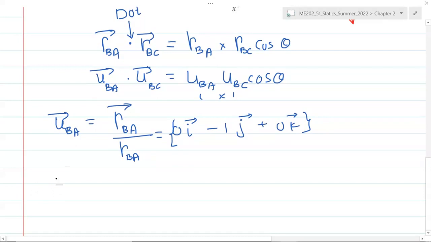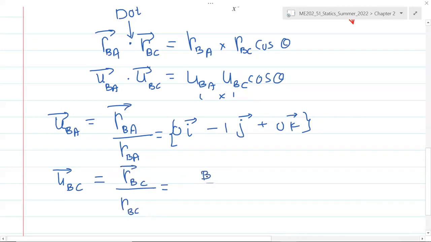Second, u_BC, going from B to C, can be written as position vector going from B to C divided by r_BC, the magnitude.